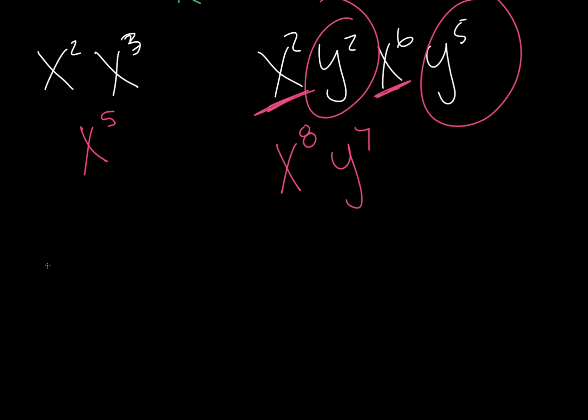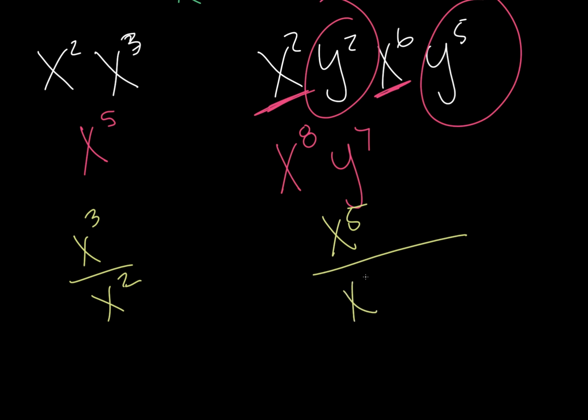Now, if we're doing the division, we'll set that up. That's x to the 5 over x to the 3. Okay? And the rule for this is to subtract exponents.